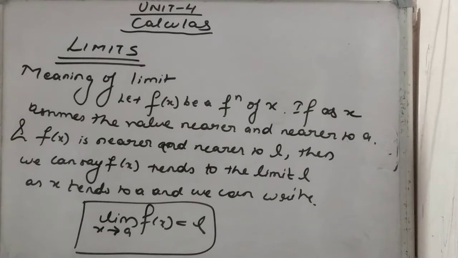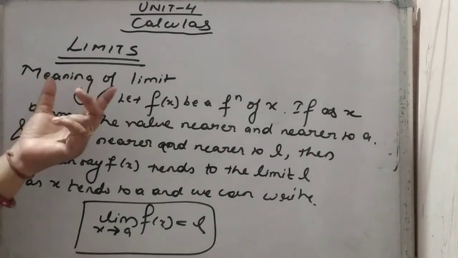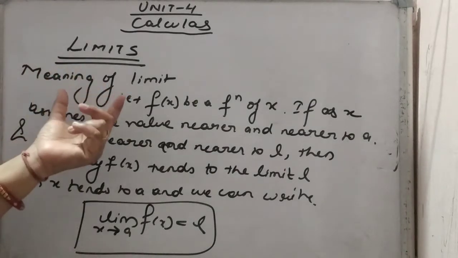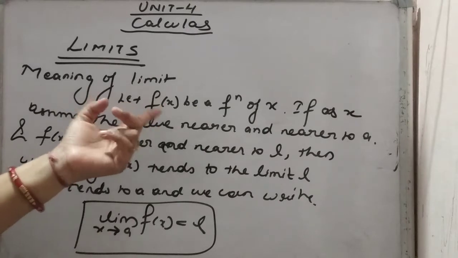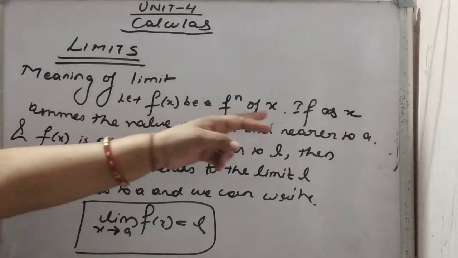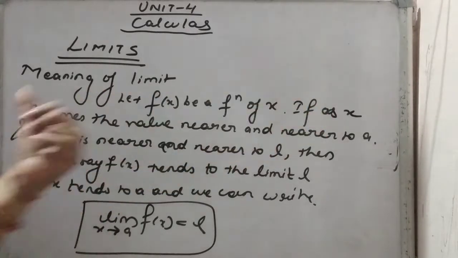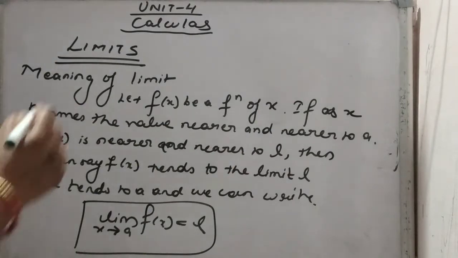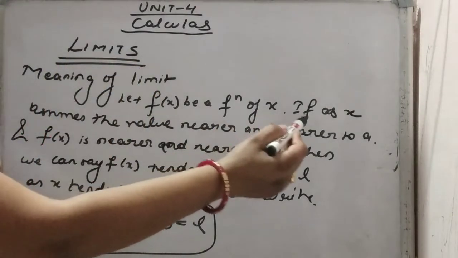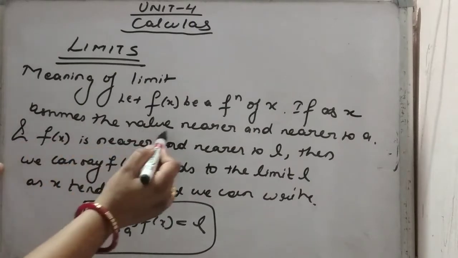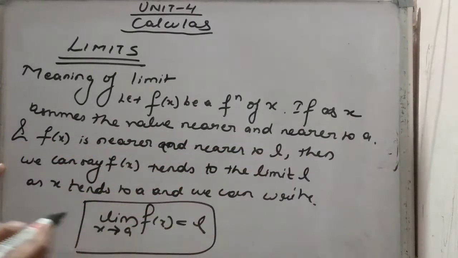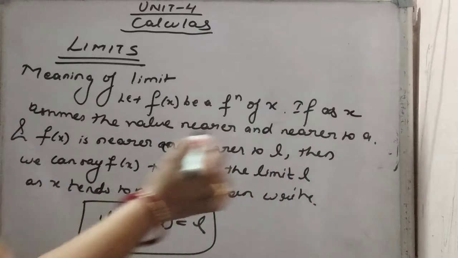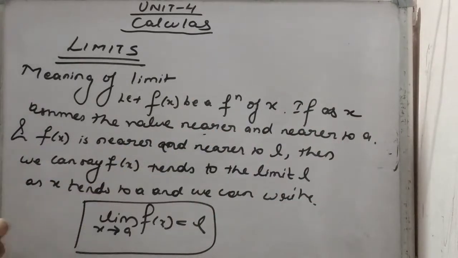So first let's see what is limit, that is, the meaning of limit. Let f of x, you know what is f of x, that is our function, be a function of x. When you want to find out the limit value, if x assumes a value nearer and nearer to a, it means the value of x is nearer and nearer to a, but is not exactly the point a.